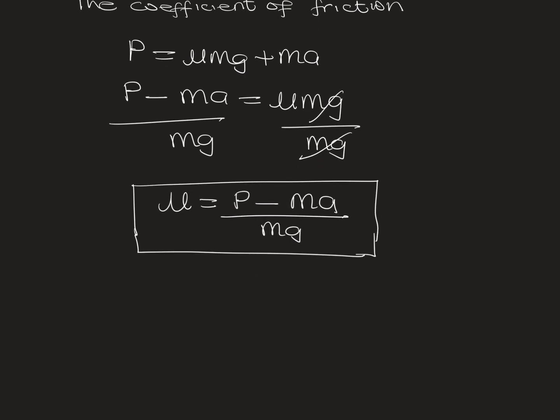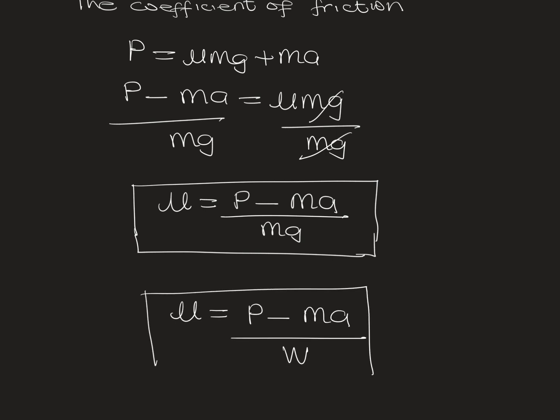But mg is the weight or the normal reaction, so we can also say that mu is equal to P minus ma divided by the weight, or mu equals P minus ma divided by the normal reaction R.